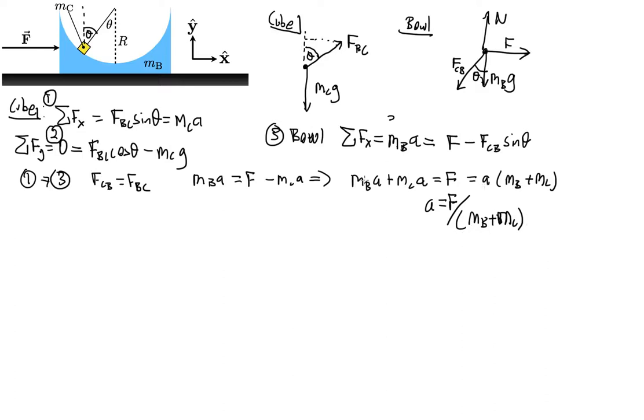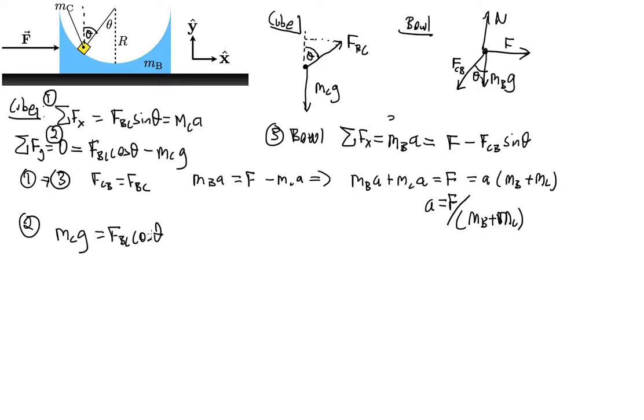So that's great. We can get rid of that business. The next thing that I do is I use equation 2. So solve equation 2 for FBC cos theta. So I know that mc times g is equal to FBC cos theta.